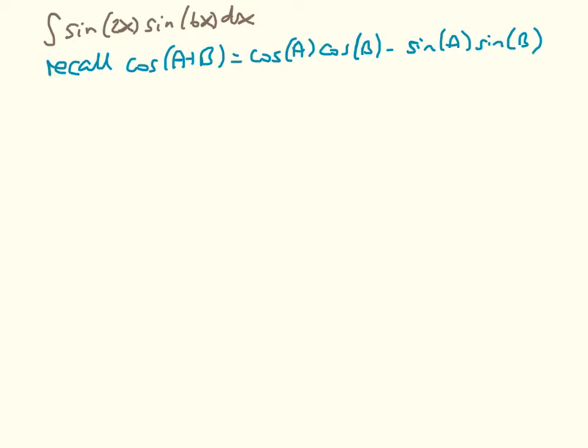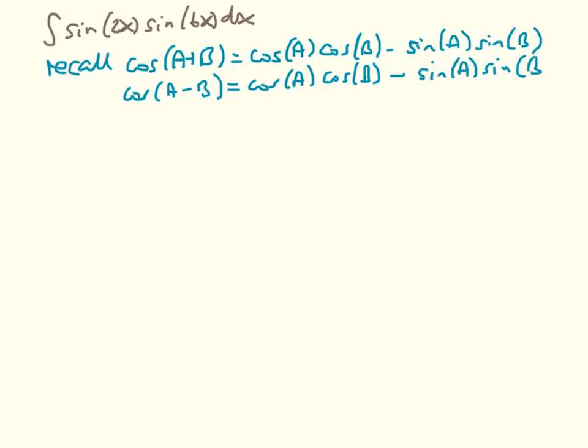We then use the even property of the cosine function and the odd property of the sine function to realize that from this equation here we can write that the cosine of a minus b, so this is a plus minus b, is the cosine of a times the cosine of minus b, which is the cosine of b, minus the sine of a times the sine of minus b, and the sine function is odd, so we can write that as sine of b, take out a minus sign, and that means we add another minus sign here, and minus times minus becomes plus.